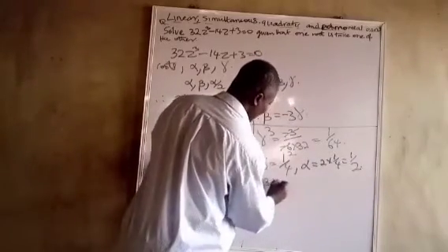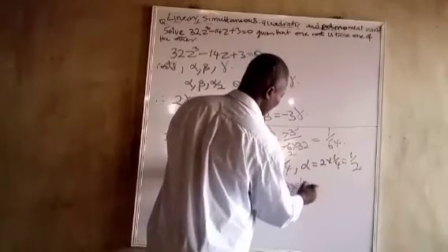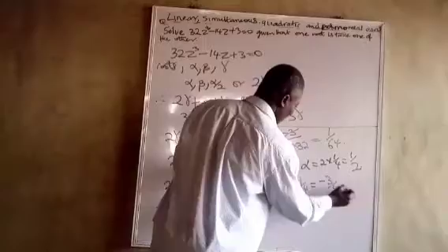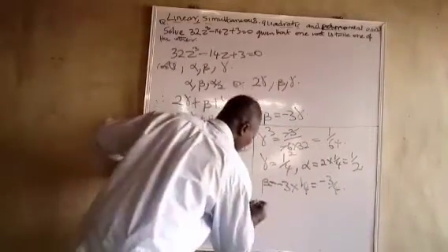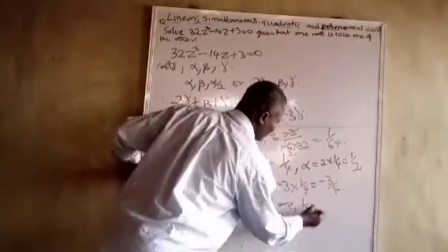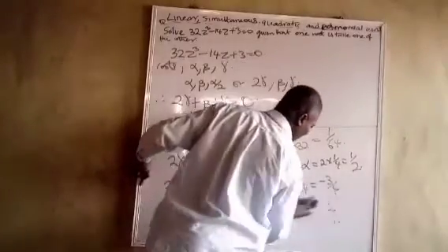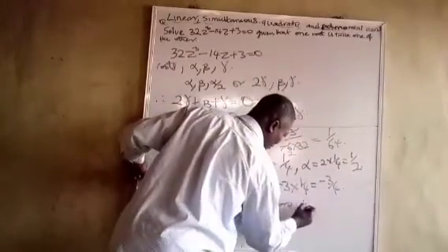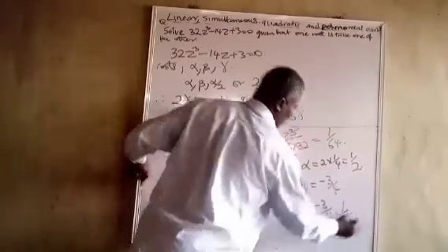And beta is minus 3 times gamma, which is minus 3 over 4. So that is a solution. The roots are half, minus 3 over 4, and 1 over 4. So that's the roots.